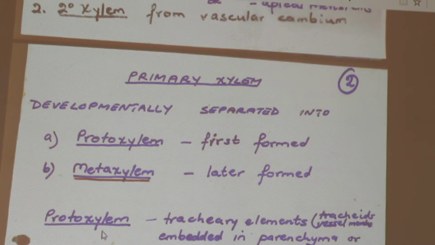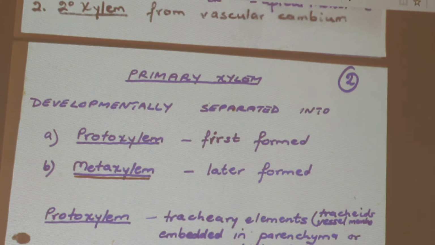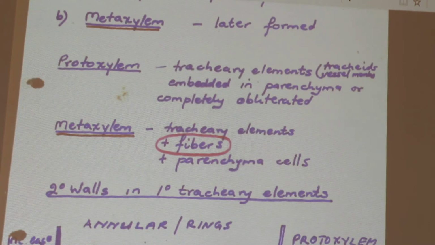But we will note that if we had done a practical and we had looked at xylem, protoxylem normally has cells with a small lumen. That means they have a small opening. Whereas metaxylem, the cells have bigger openings.